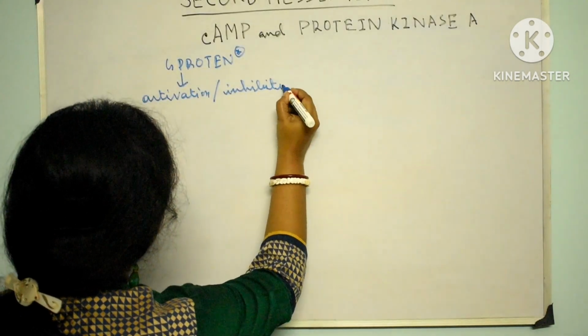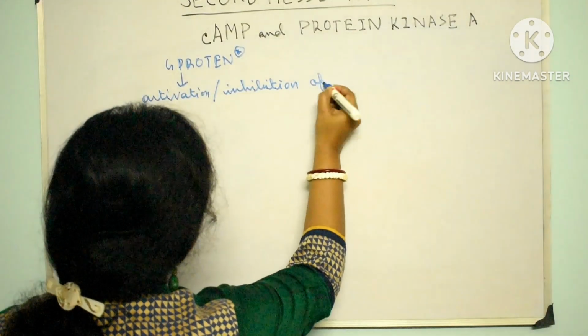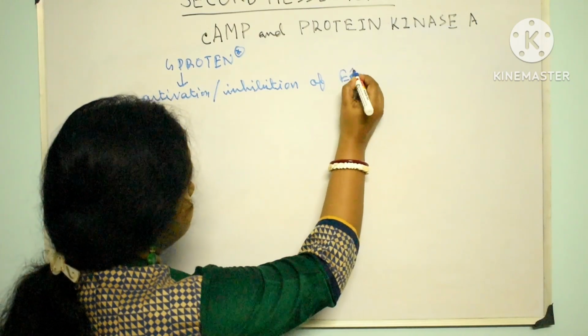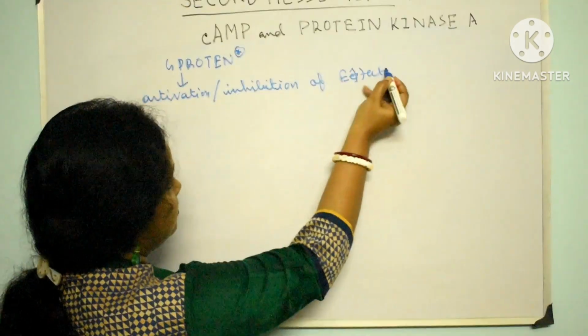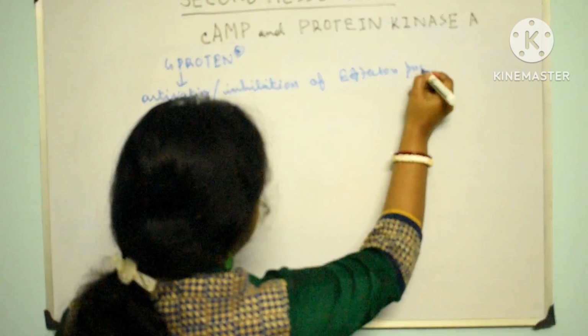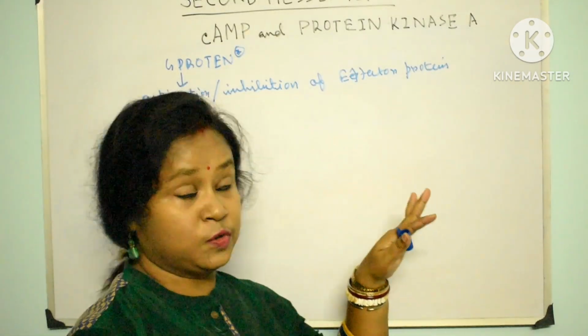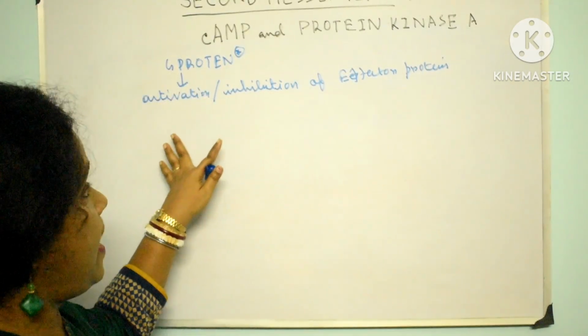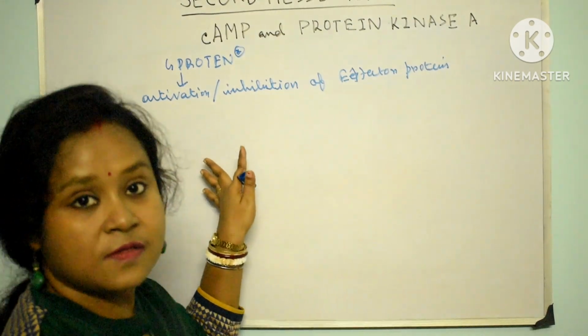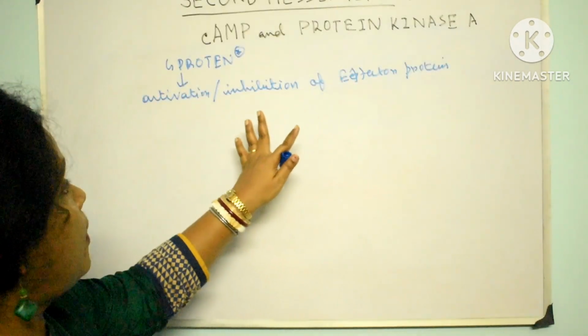Activation or inhibition of an effector protein. What is this effector protein? It will perform some function, either acting as an activator or acting as an inhibitor. Both of these can happen.